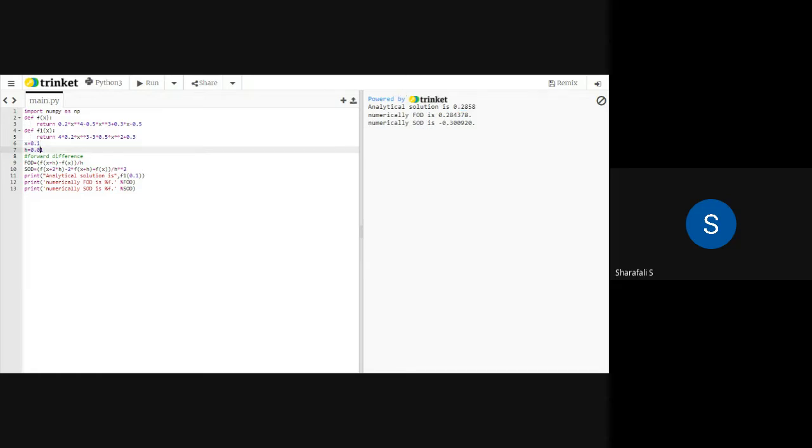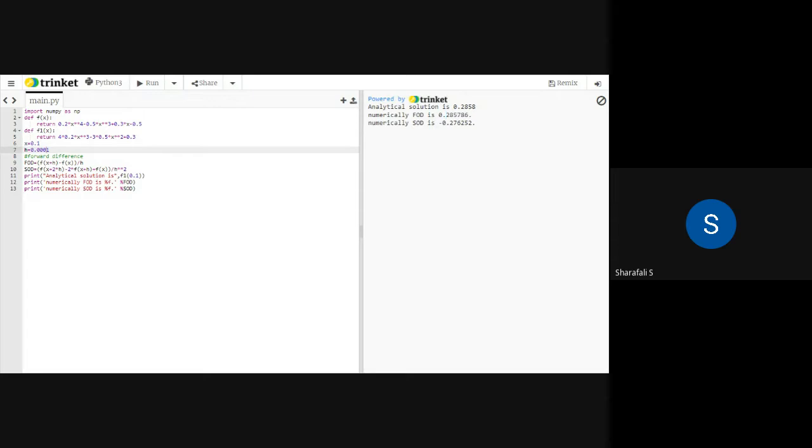If you reduce it further, to 0.001, you can see the analytical solution is 0.2858 and here it is 0.28578. So it is almost okay. When you reduce this step, the h value, delta x, you get a result almost the same as the analytical solution.